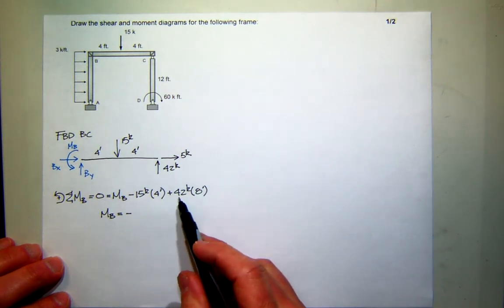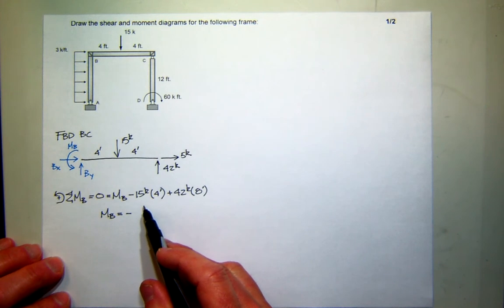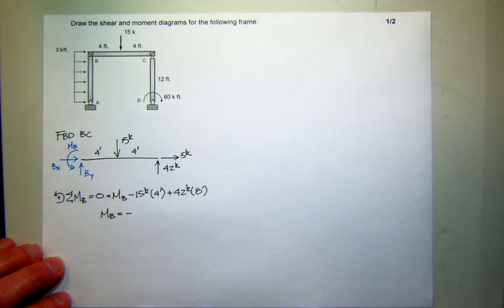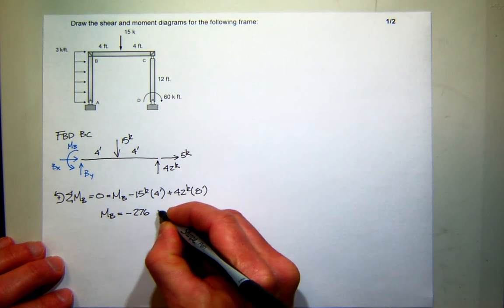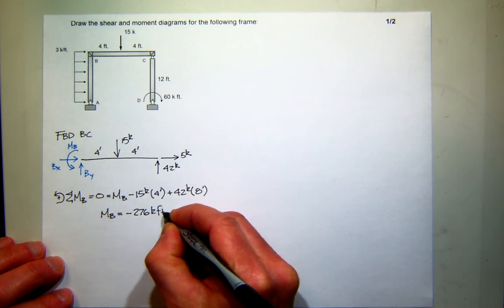That should be 336 minus 60, which is 276. And that's kip feet.